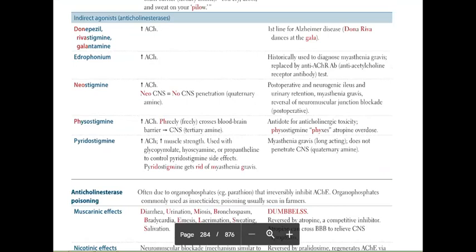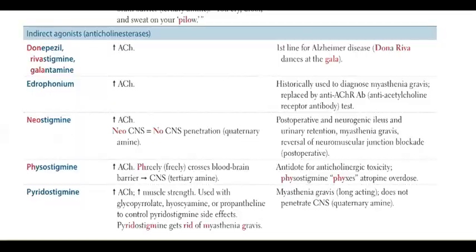So the antidote you will give the patient will be atropine. So for all direct agonists, the antidote is atropine. So you can write it down over there. It's not written in this page. It is written in another page.